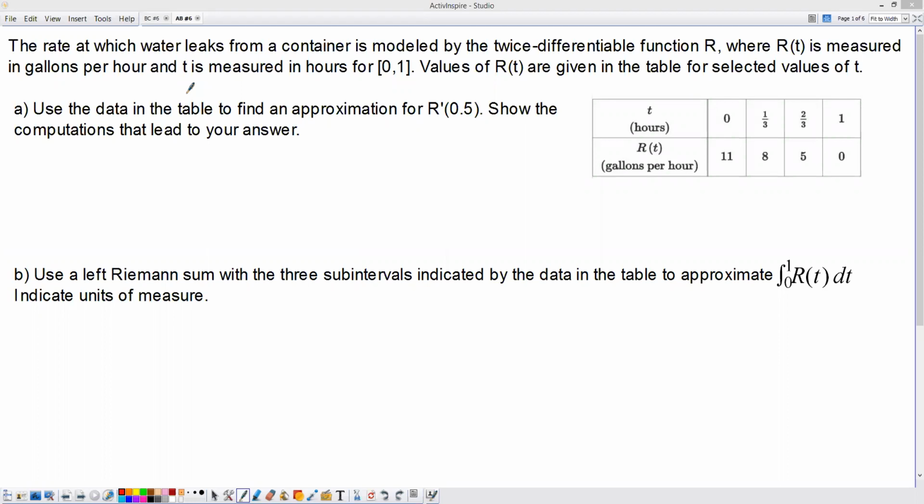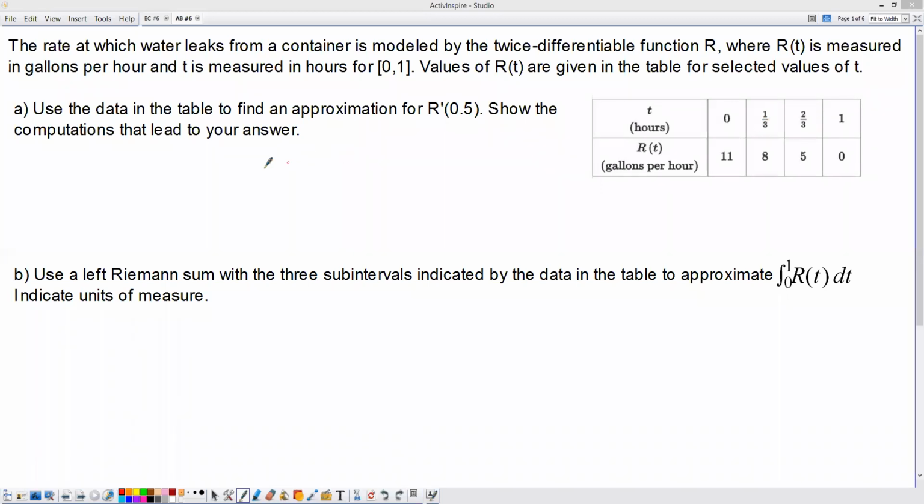So we want to use the data in the table to find an approximation for the derivative of R at 0.5. So the derivative of R, the best way we can approximate that from a table is by using an average rate of change on the smallest interval that surrounds 0.5. So from 1/3 to 2/3.